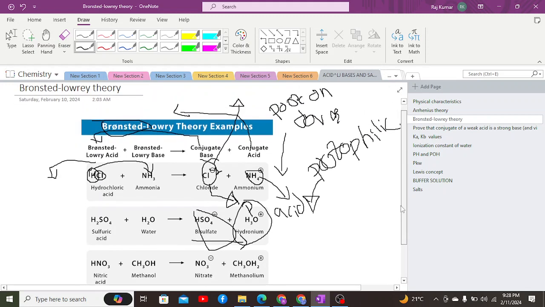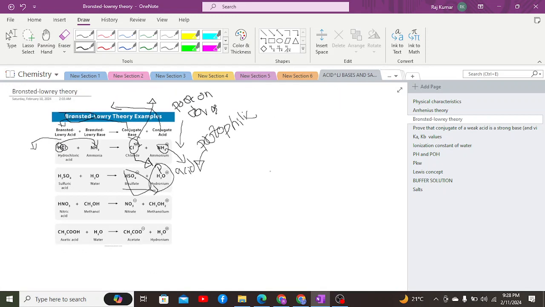Apart from which, there was another condition described by Bronsted-Lowry theory, that there are certain molecules which act as acids as well as bases, which means when they react with acids, they become bases, and when they react with bases, they become acids. These substances were known as amphoteric or amphiprotic molecules. Amphoteric or amphiprotic, both are the same things.